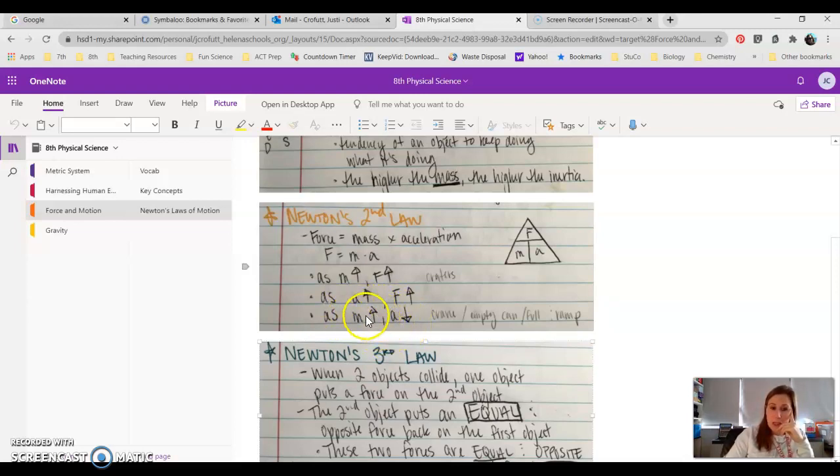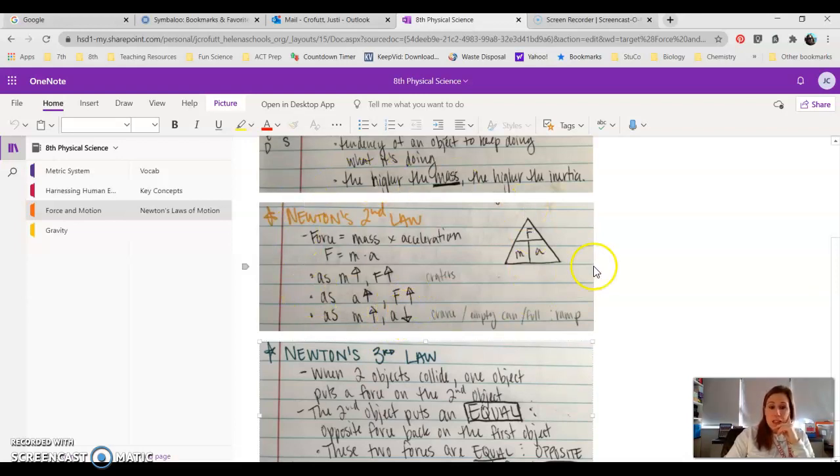If you were using a ping pong ball, which has a really low mass, and you hit it with the force of the softball, it's going to accelerate really fast. However, if you increase your mass and use maybe a shot put, which is a pretty heavy ball, and you hit it with that softball, you're going to see a decrease in acceleration. It's not going to go very far from that force of the softball.